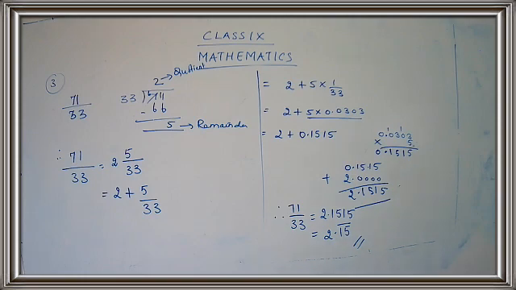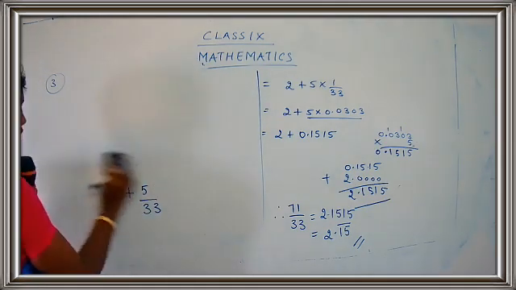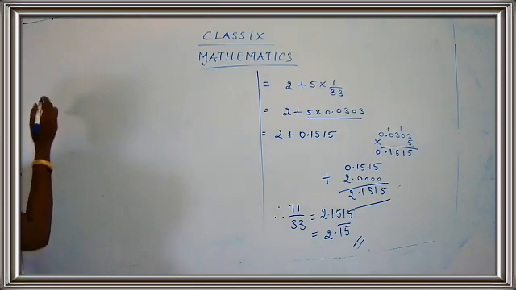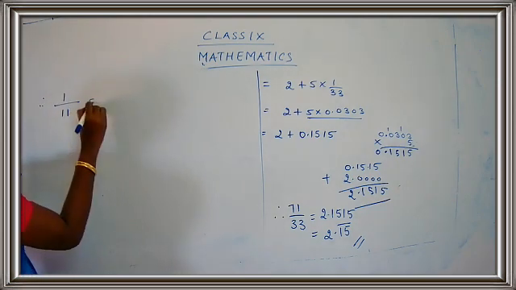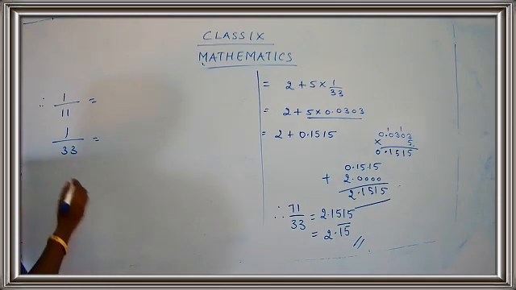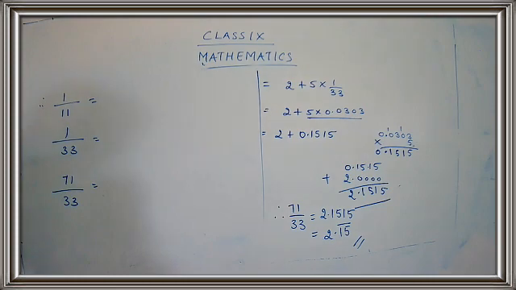Okay, children, let us write down the final statement over here. We have totally found the 3 values. So let us write down all the values. Therefore, 1 upon 11, 1 upon 33, and at the last, 71 upon 33. What is 1 upon 11?